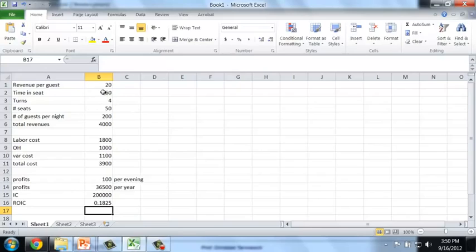For example, the question alludes to the case that I could shorten the time in the seat to 55 minutes by accelerating the cleaning process. I just type this in, all the numbers we compute, and we see this dramatic increase in ROIC. Now I admit this is based on the assumption that there is an infinite amount of demand and that we can squeeze these extra customers in.